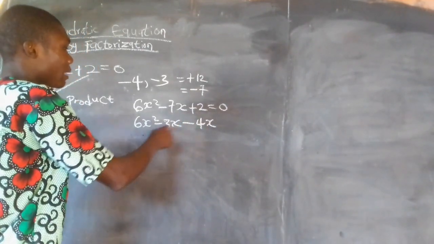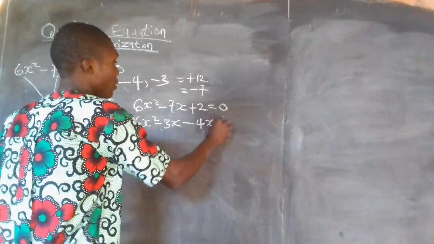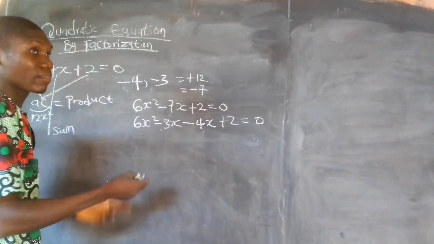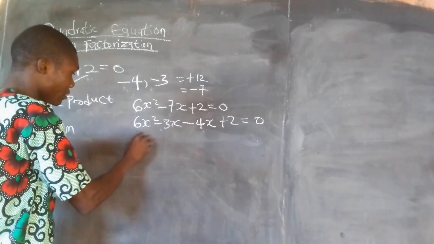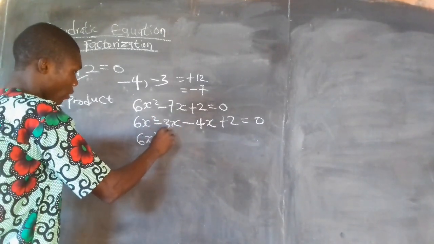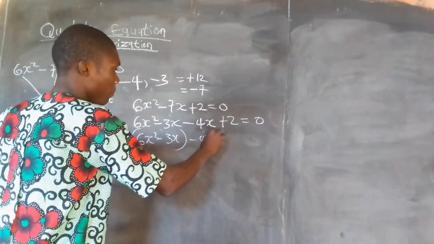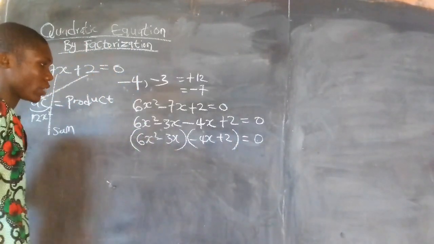Remember, minus 3 minus 4 will give you this minus 7x, plus 2 is equals to 0. The next thing for you to do is group them: 6x squared minus 3x, minus 4x plus 2 is equals to 0.